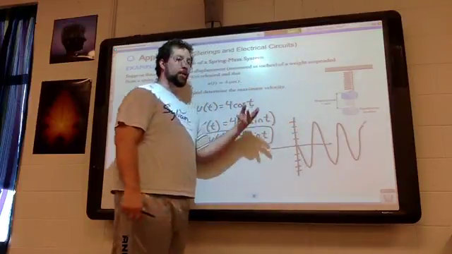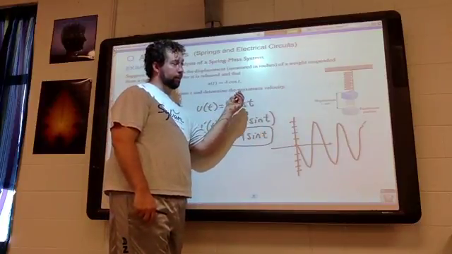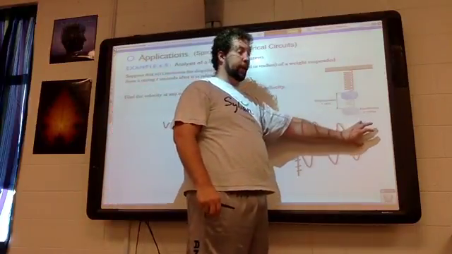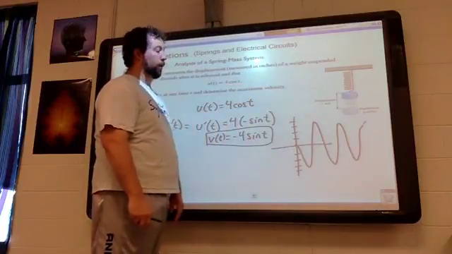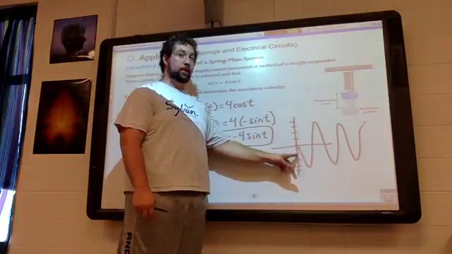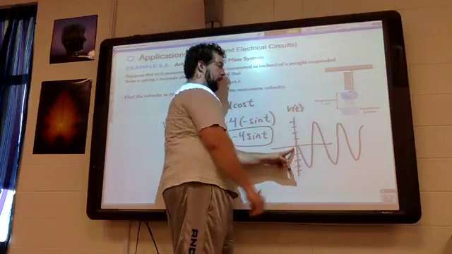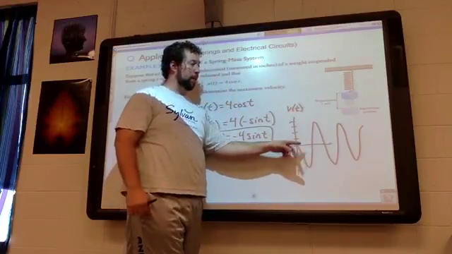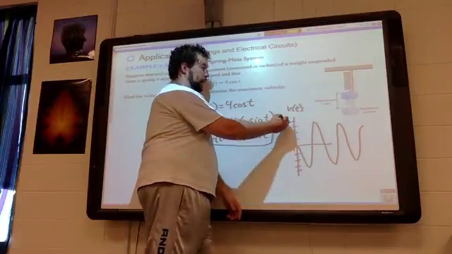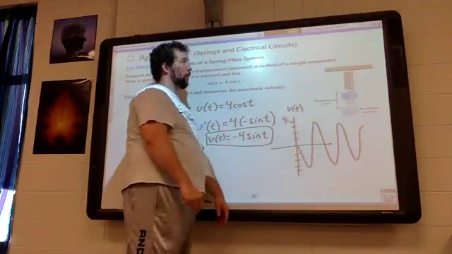And in a perfect system, it will keep on going up and down forever. Of course, probably because of gravity and stuff like that, this curve is going to slowly start going in on itself. But regardless, the maximum velocity is going to happen at the high point of this velocity graph. The high point, because 4 is the amplitude, is actually going to be 4.